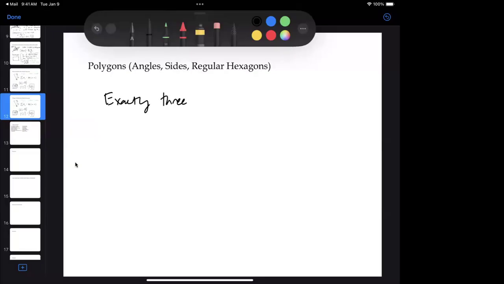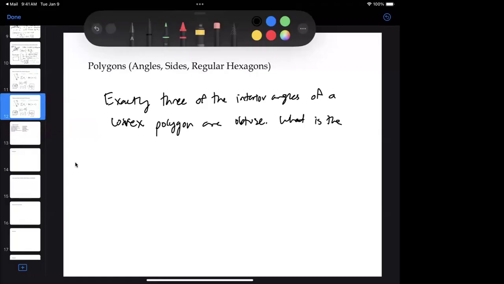Exactly 3 of the interior angles of a convex polygon are obtuse.